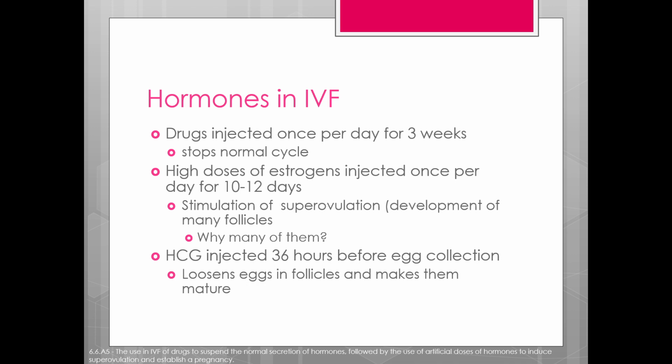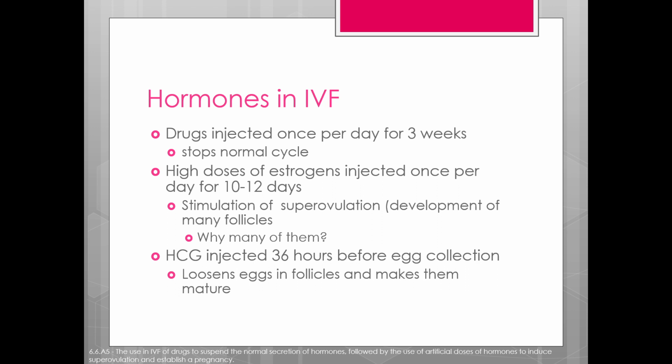So basically, if in vitro is being performed, the first focus is to try to provoke the ovaries of a female to produce as many mature oocytes as possible at the same time. It is not a natural process, so it involves rather dreadful doses of hormones given at proper moments. First, a proper set of hormones, which you don't have to know by name, will be given to stop the normal cycle.